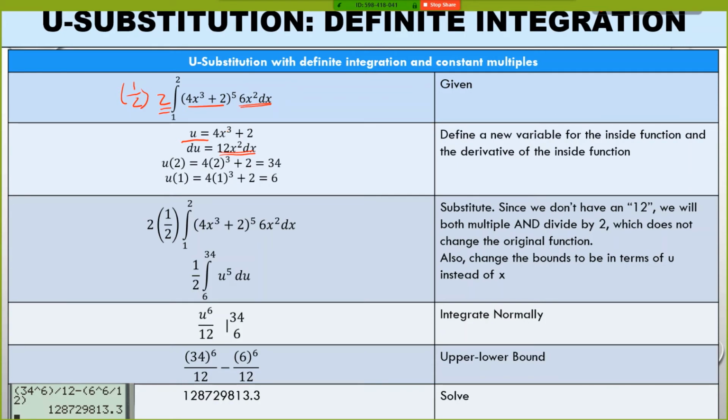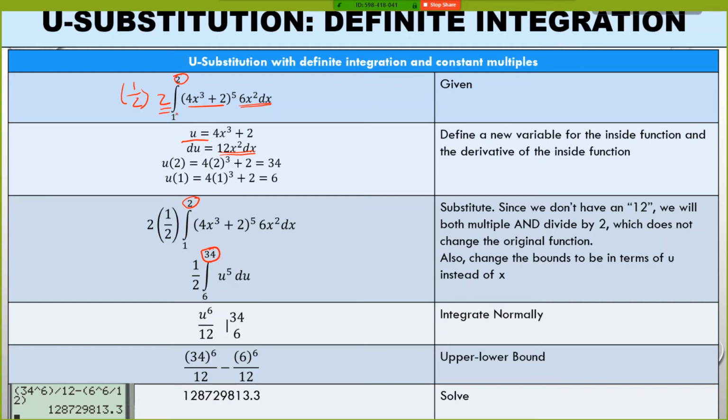I'm also going to change my bounds. My upper bound was 2. So if u is equal to 4x cubed plus 2, then I can plug in 2 for x and figure out how many u's are in 2x. If I plug in 2, I get 4 times 2 cubed. That's 4 times 8 is 32, plus 2 is 34. So my upper bound will now be 34 after I substitute. This 2 will become 34.